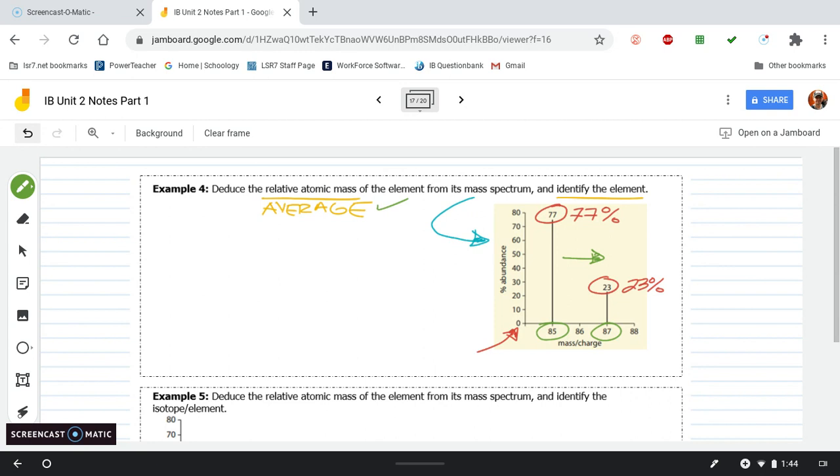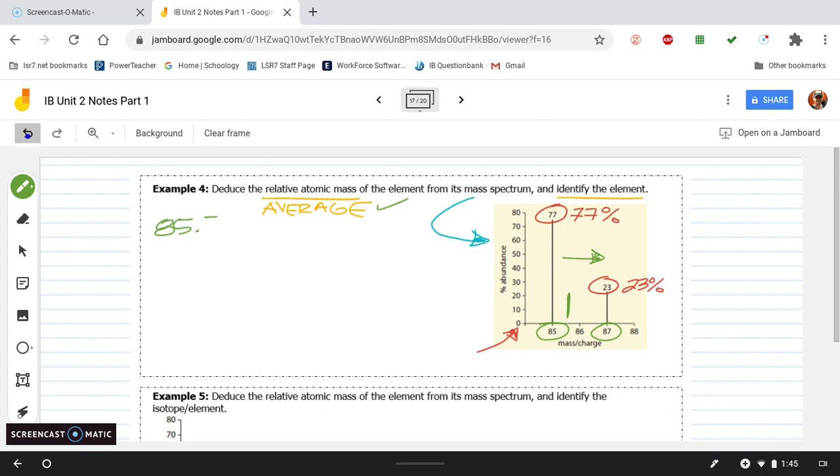It's not going to be pulled all the way to 87 because this line is pretty small, and it's probably not even going to be pulled all the way to 86. So I would guess this would land somewhere in this area, something like 85.5. That's what I would guess.